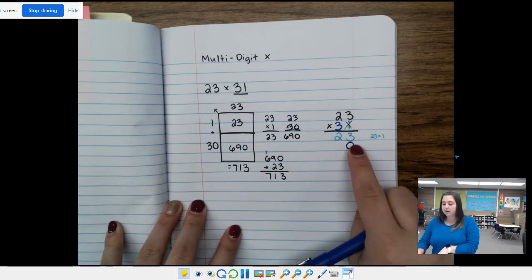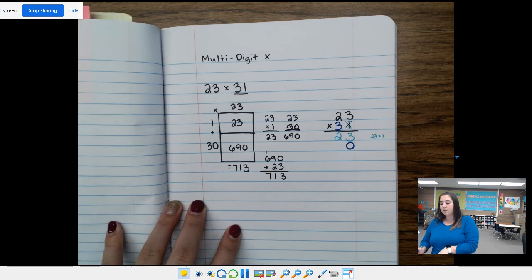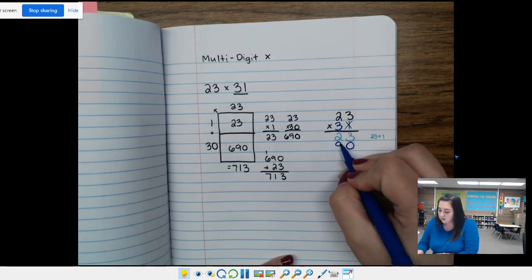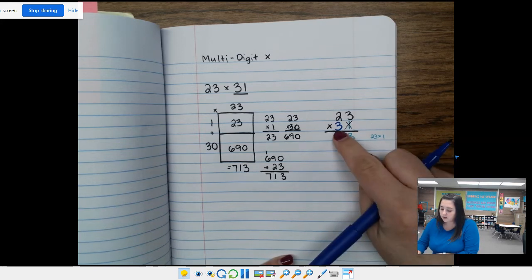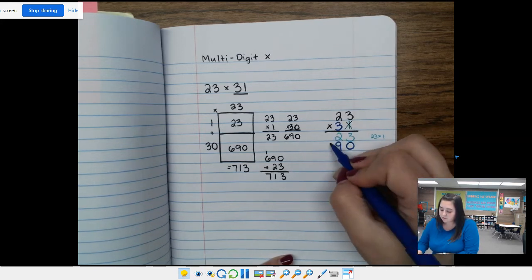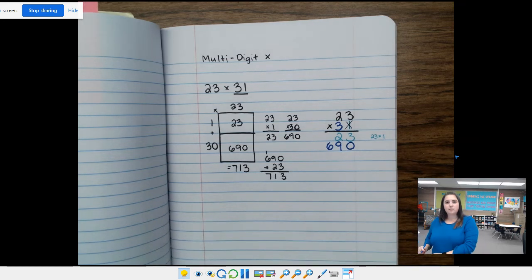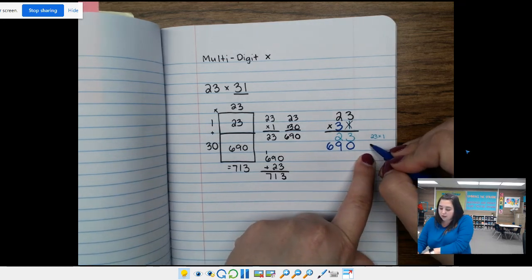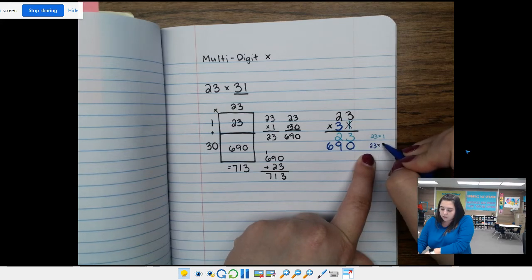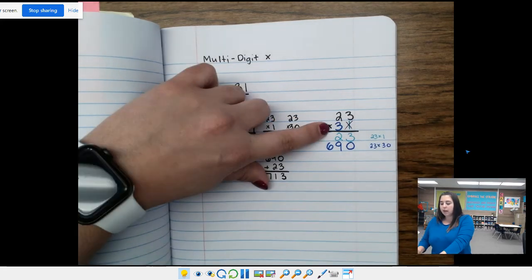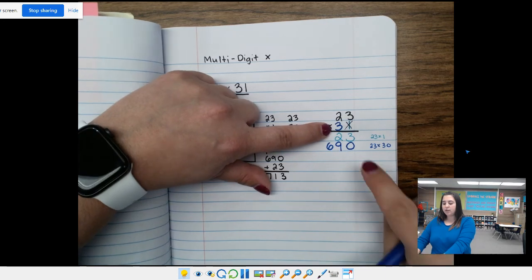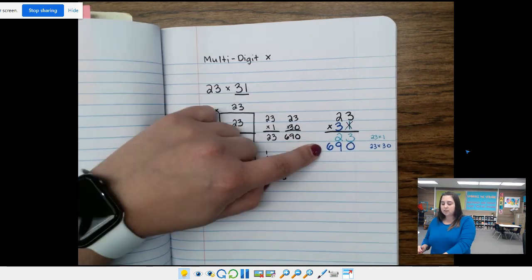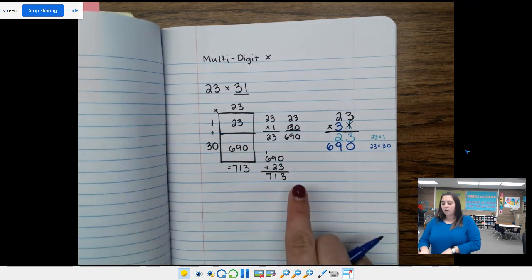So let's multiply. 3 times 3 is 9. 3 times 2 is 6. There we go. 690. And I got that by multiplying 23 times 30. I took that 3 or the 30 and I multiplied it by each of those numbers. That got me 690.